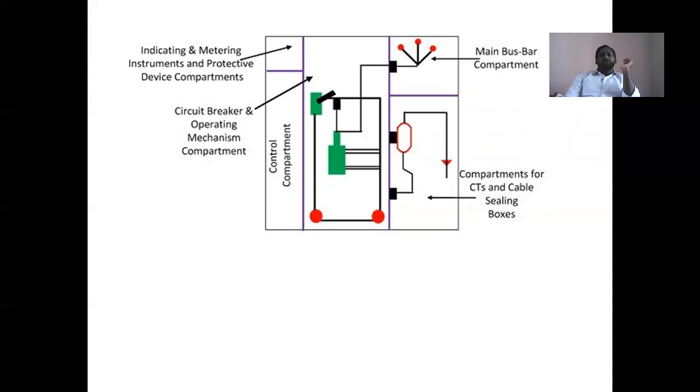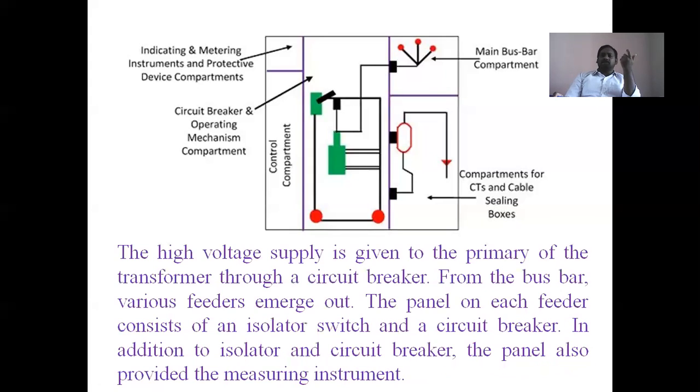Next concept. Basically this indoor substation has these types of systems, and the high voltage supply is given to the primary of the transformer through a circuit breaker. That means this substation takes supply from the transmission system with the help of a transformer. The transformer primary is the transmission side and the transformer secondary is the substation end. In between, the circuit breaker is there to protect both the circuit breaker and transformer if any fault occurs.